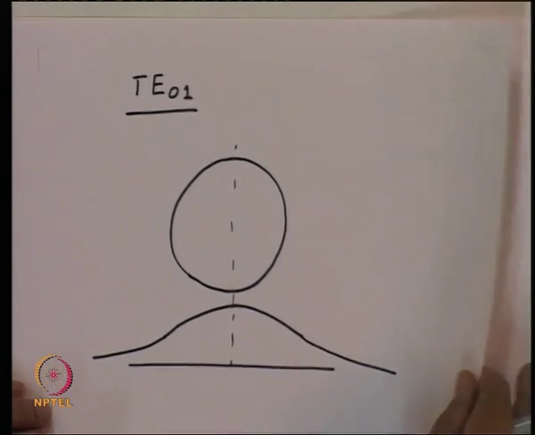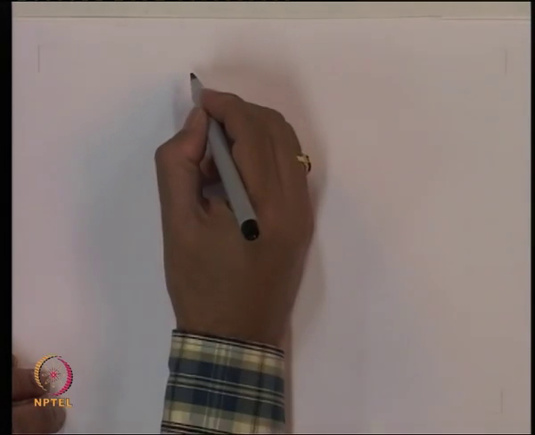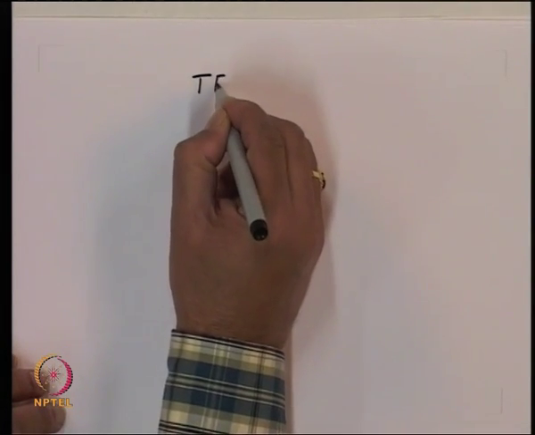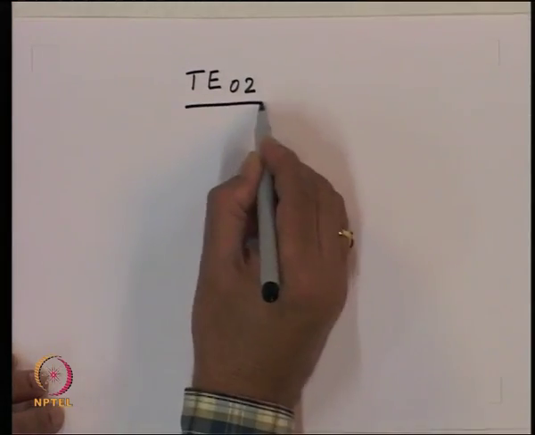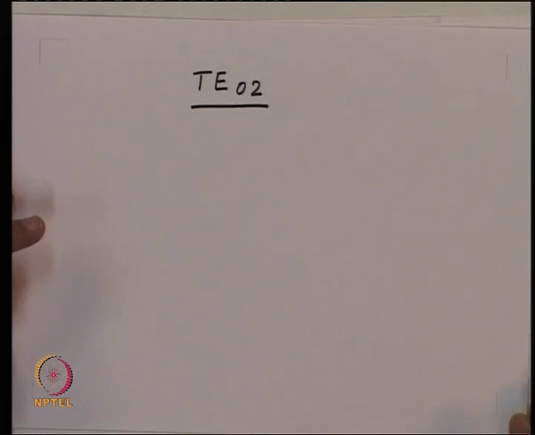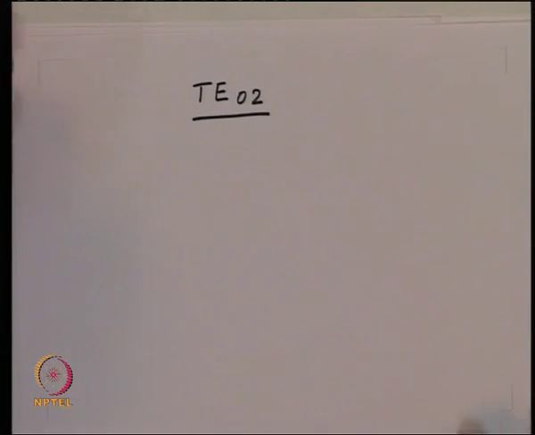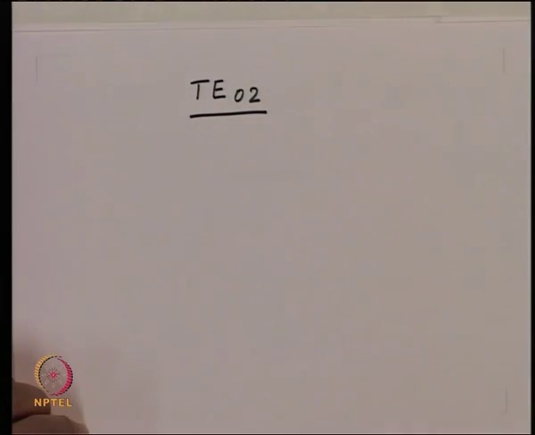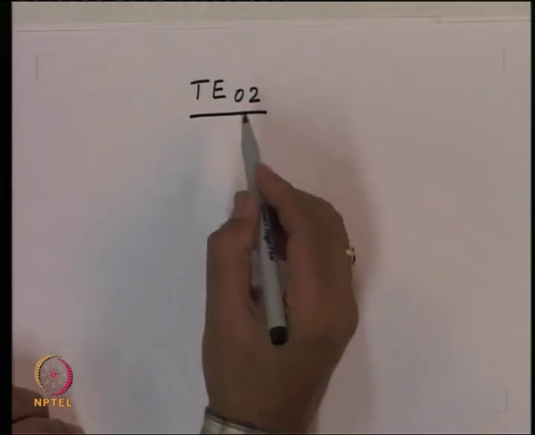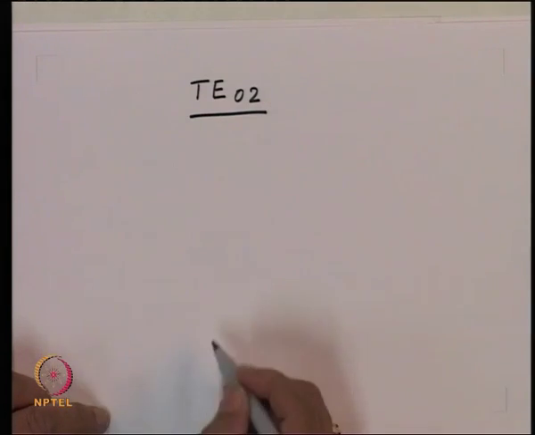Whereas, if I consider a mode which is, let us say, the TE02 mode, then the field variation is circularly symmetric. It does not have any variation in the phi direction, but one zero crossing is there in the radial direction.